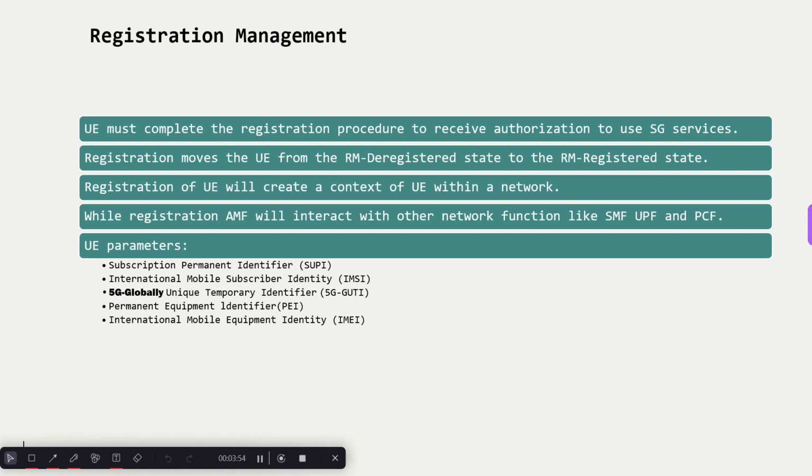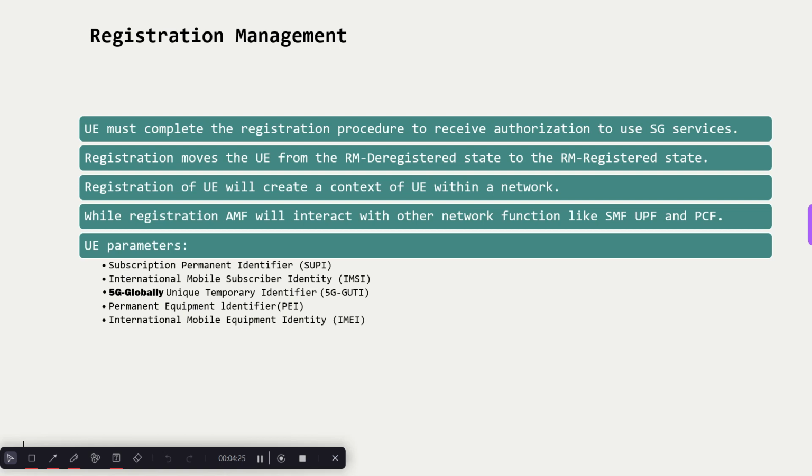When registration happens, there are some parameters in the UE like RM-REGISTERED and RM-DEREGISTERED. When the UE registers with the 5G core network, it moves from the deregistered to the registered state. When registration happens, the core network creates a context for the UE.